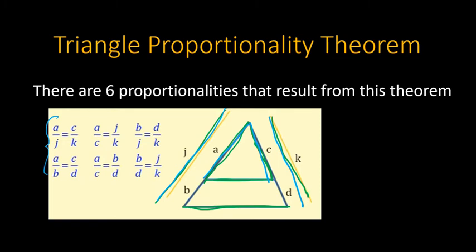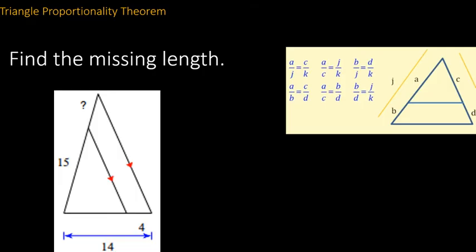So if I take the upper segment and create a proportion between that and the actual length of the triangle side, the equality of that would be taking the upper segment on the other side and the measure of the other side and comparing that. Let's dive into practice here because I think you'll see what I mean.